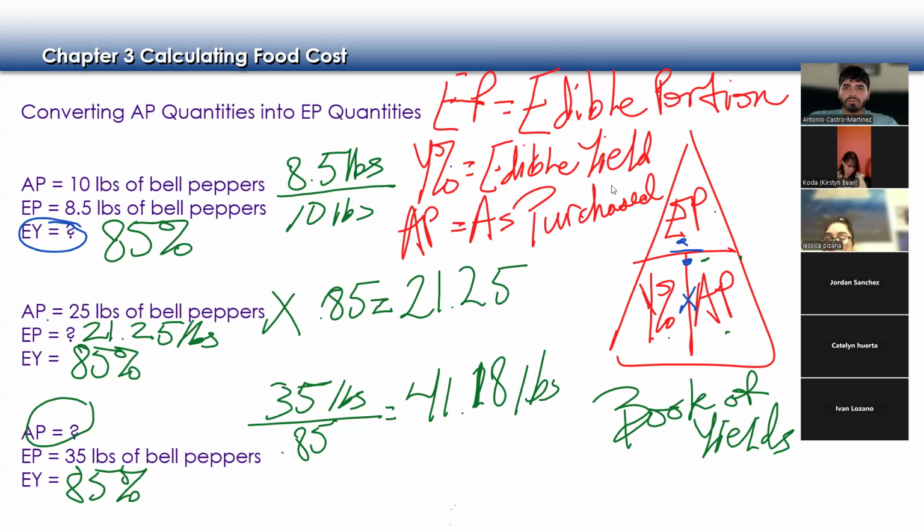So as you're writing your recipes, build in that edible yield, that yield percentage. That way, when you're doing your ordering, okay, I'm going to make this for this number of people, this is how much I need to order, okay? Then you don't have to really think about adding more to it.